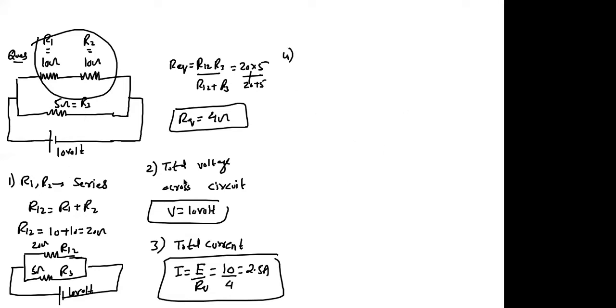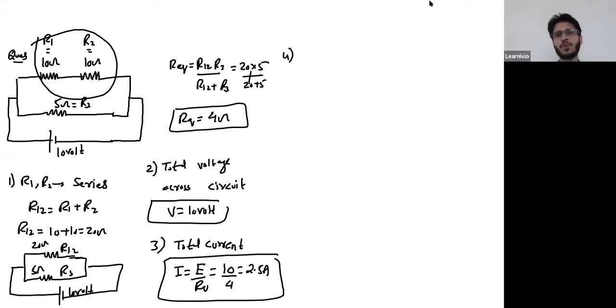After total current, the next is voltage. No, we can't solve that yet. We have to calculate individual current and voltage. Now we can't calculate individual current and voltage through this circuit, because it has both series as well as parallel combination. I'm repeating it again. To calculate individual currents and voltages, you need a simplified circuit, having either all resistors in series or all resistors in parallel.